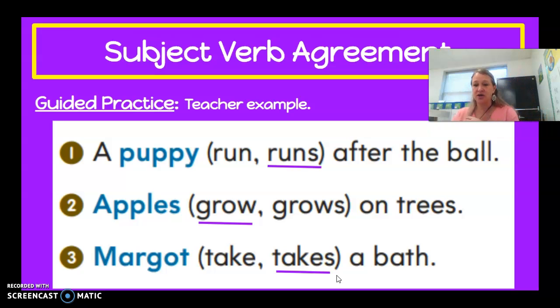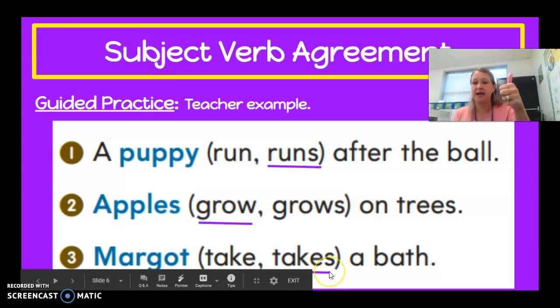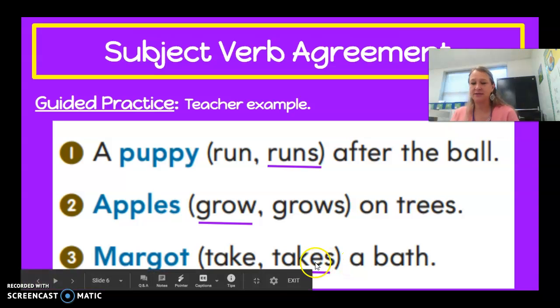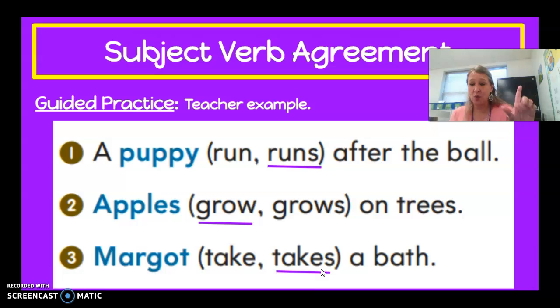Yes, very good. You should be nodding your head, thumbs up. Hoorah for Miss Fisher. She got it right. So if you have one subject, one person, place, or thing, you add an S to the verb. If you have more than one, you don't add an S.